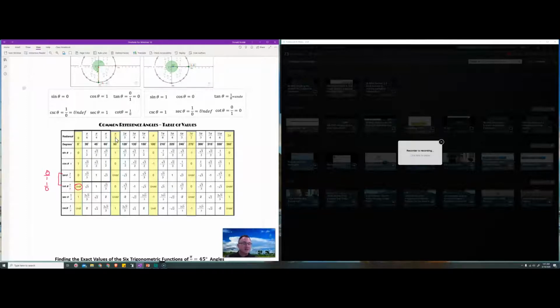The secant is I take the cosine and I flip it over. So if the cosine was 1, then I flip 1, it's still 1. And then the sine was 0 over 1, and when I flip it, I get 1 over 0, which is undefined. So there's your 6 values at 0 degrees.